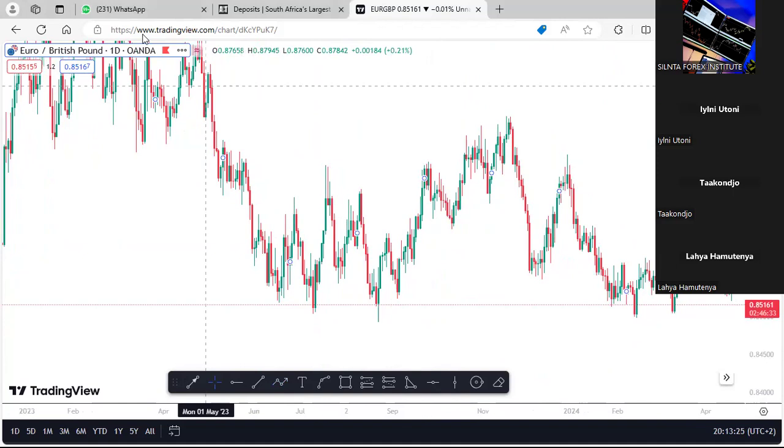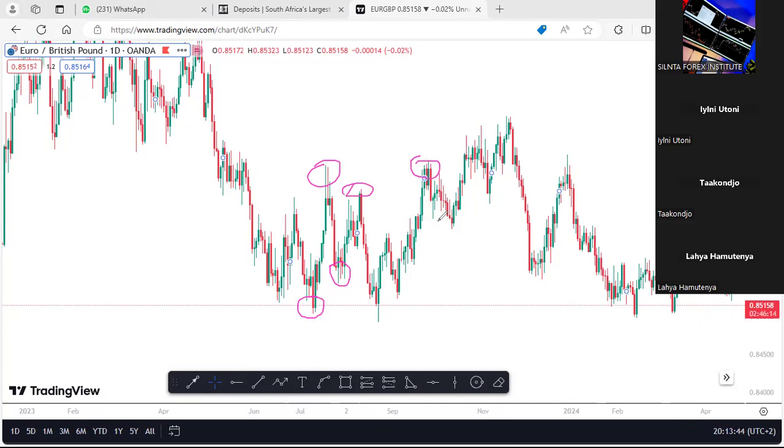For example, this area, it's a support area. That is a resistance. When the price reached here, it bounced up. It's a support. That's a resistance. This is a resistance. That is a support. That is a support. That is a support. So you can clearly see this area.